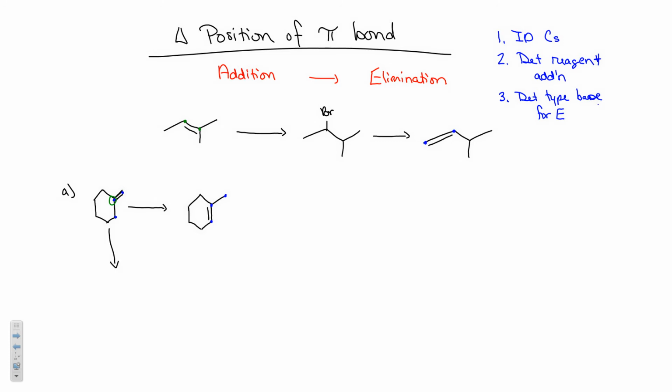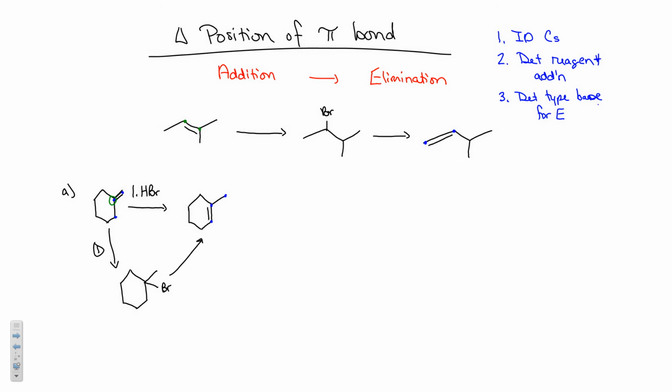Okay? So something goes here. What do we want to put there? Doesn't matter. I'll put a bromine there, HBr. Okay? So bromine goes on, and then bromine has to come off.